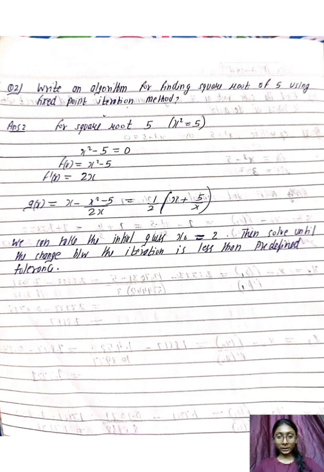We can simplify this equation into 1/2 (x plus 5/x). We take the initial guess x0 equals 2, then iterate until the change between successive values is less than the predefined tolerance.